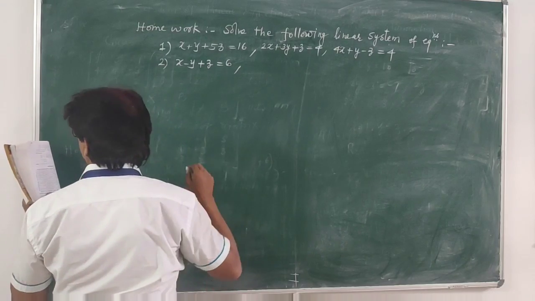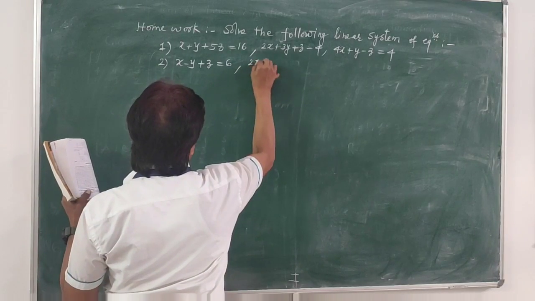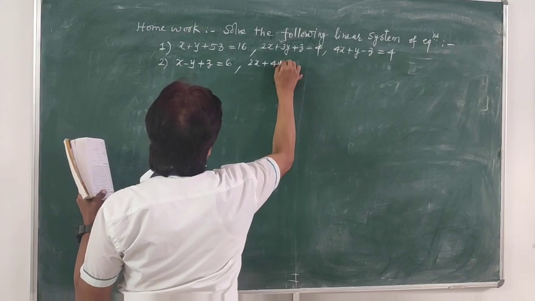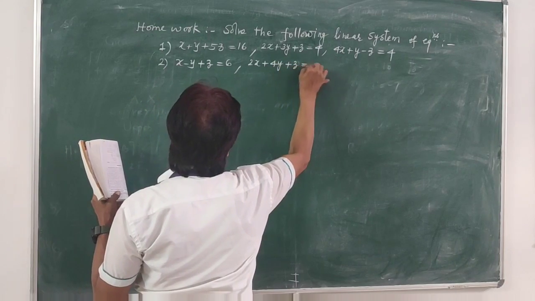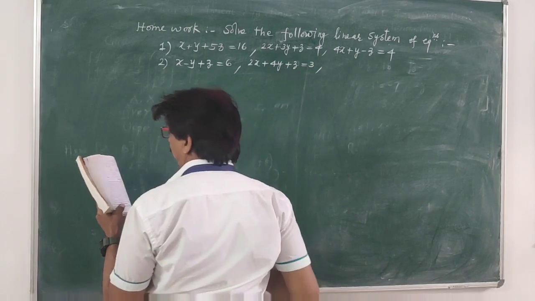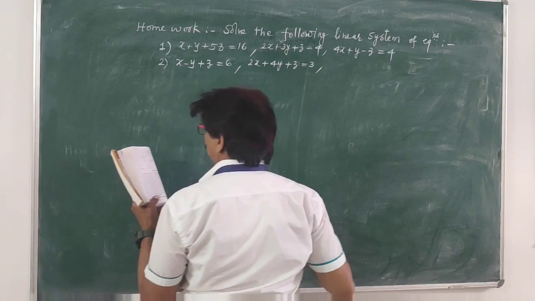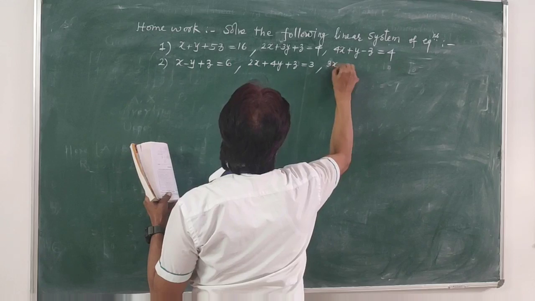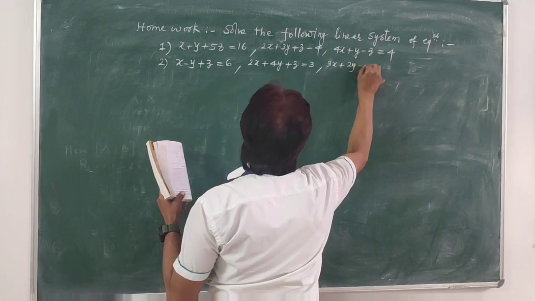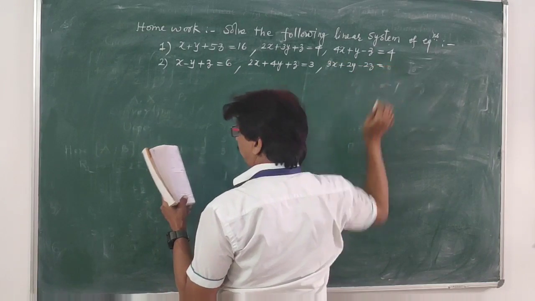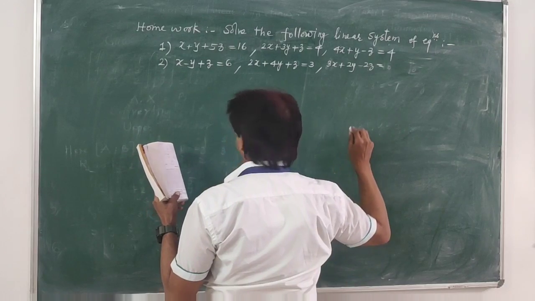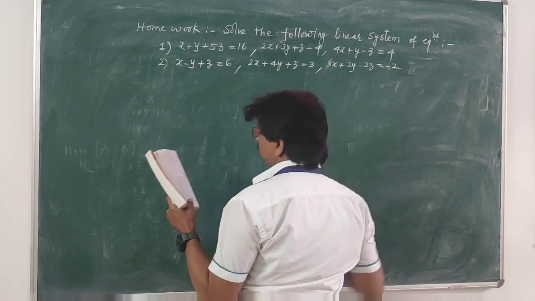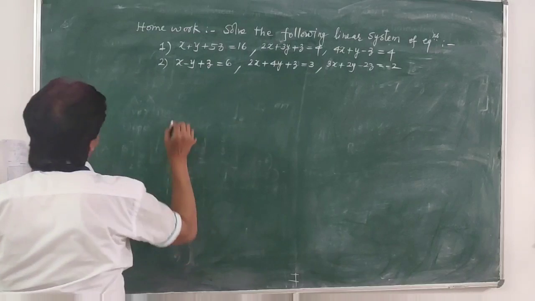2x plus 4y plus z equal to 3. 3x plus 2y minus 2z is equal to minus 2.